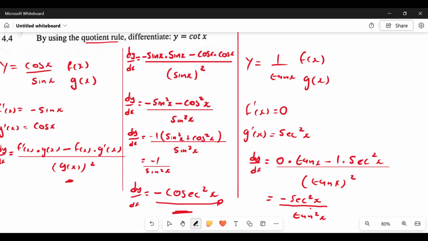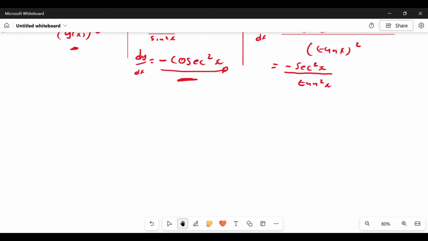All right, guys, let's create space so that we can continue on this one. We can write negative sec squared as negative 1 over cos squared x, divided by tan squared x, which we can write as sine squared x over cos squared x.